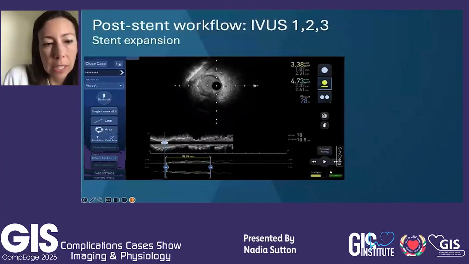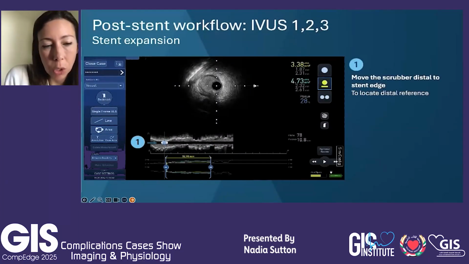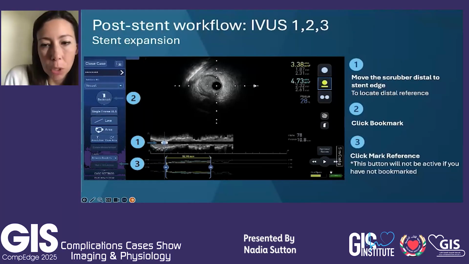And then as far as the stent expansion, as I mentioned, there are some steps you can use with the AI tools in this particular software, where you would put your scrubber at the distal stent edge to locate the distal reference. Once you have that, you can bookmark that location, and then click the reference button in the lower left-hand side.